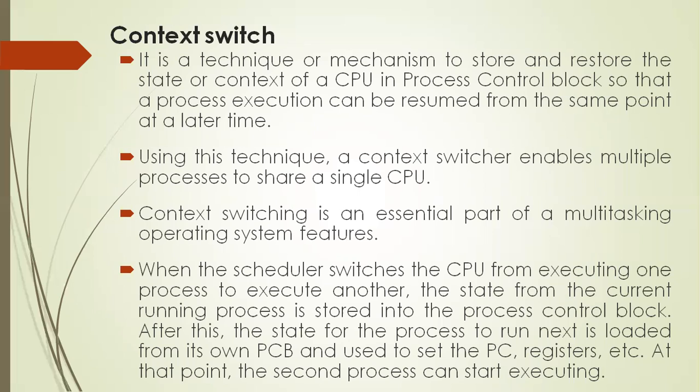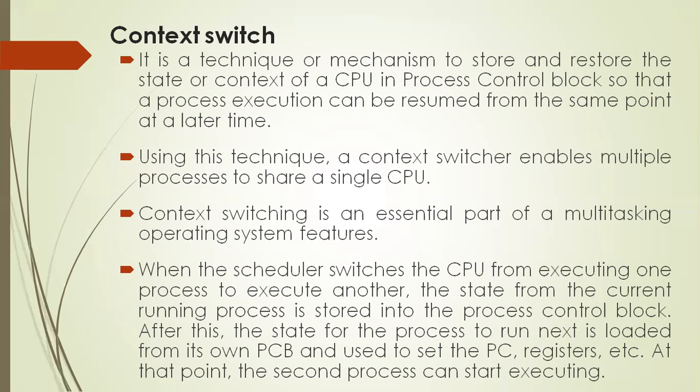Using the context switch technique, a context switcher enables multiple processes to share a single CPU. The processor starts executing P1. Suppose that process has an IO operation, or whenever a high priority process arrives, in these two conditions the complete status of the currently running process is stored in the process control block.